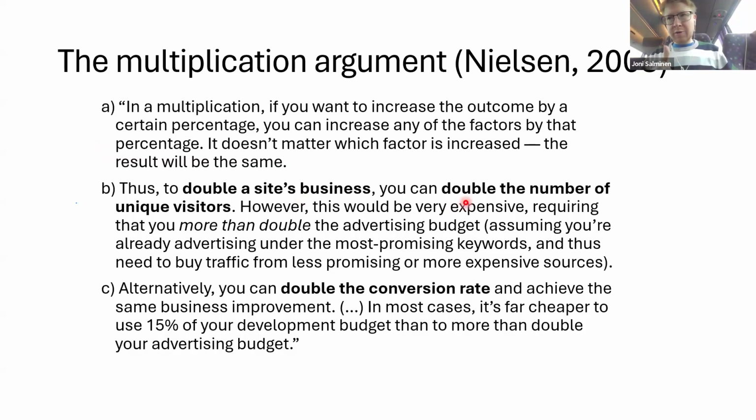So here you assume that the conversion rate remains constant, but basically it means that instead of paying 1,000 euro, you now pay 2,000 euro for the traffic, and then you expect the revenue to double. But the beautiful idea of conversion rate is that if you double the conversion rate, you can double the revenue without doubling your costs of driving the traffic, right?